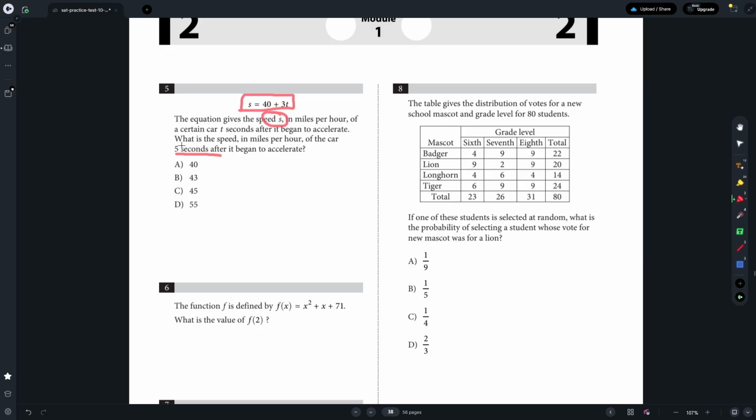The problem says 5 seconds after it began to accelerate, and t is the seconds after it began to accelerate. So we know t is 5 seconds. So you want to plug in 5 as t. So s would equal 40 plus 3 times 5 seconds, which would be 40 plus 15, which would equal 55.